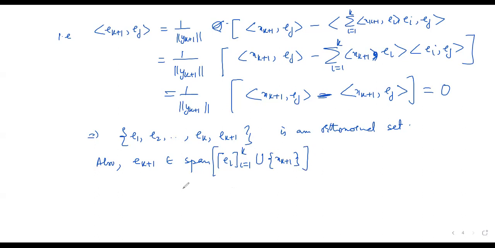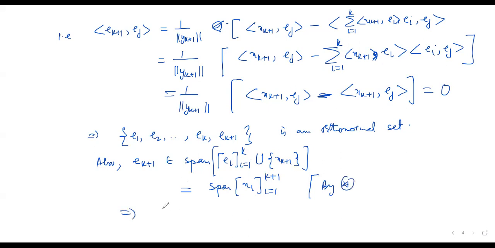But using my induction hypothesis, this would be nothing but the span of xi, i runs from 1 to k+1, because ei's का span xi's का span है by star, right?